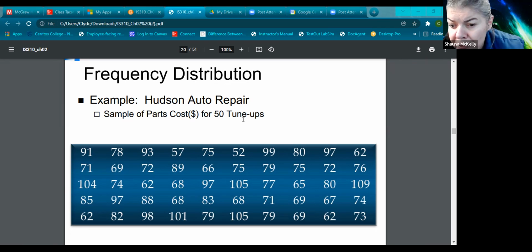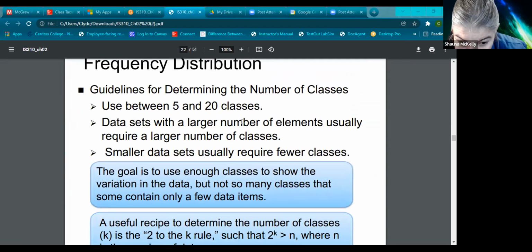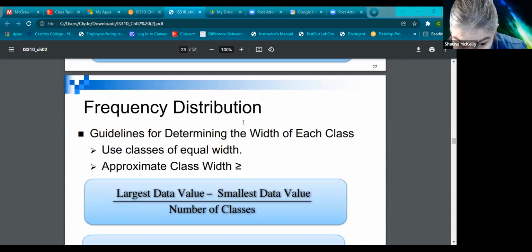So 2 to the sixth being 64 would be greater than my number of data. So I might choose to have 6 classes here. Because if I have 5, nobody's going to kill me. But I might choose to have 6 based on this rule. Let's see what she comes up with. So scroll down past that and let's see how many classes she decides to use.